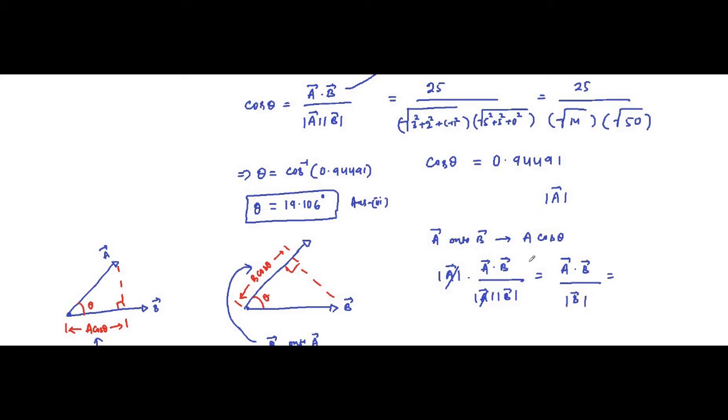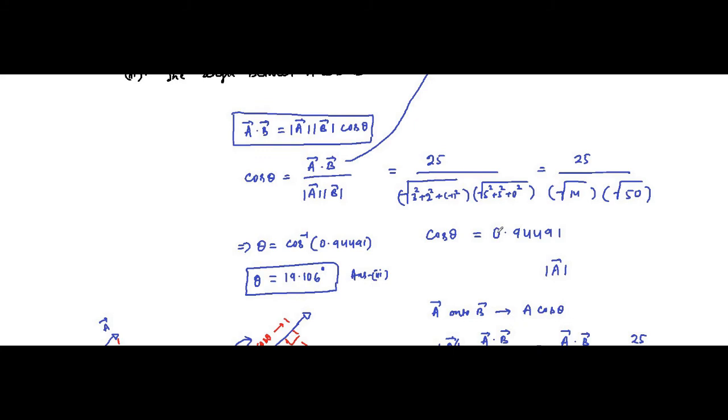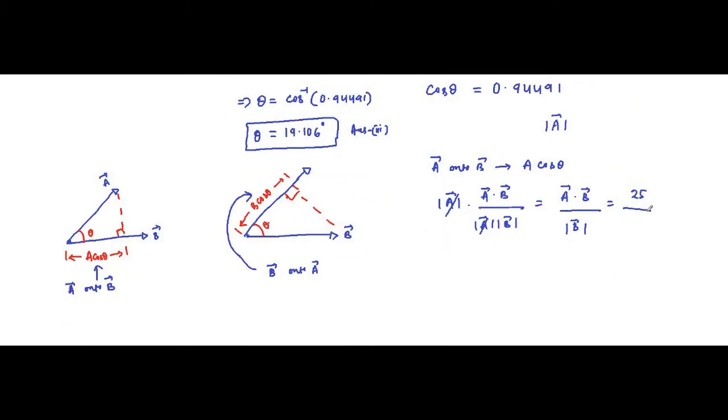The dot product we have calculated, that is 25, and the B vector modulus we calculated, which is root over of 50, isn't it?